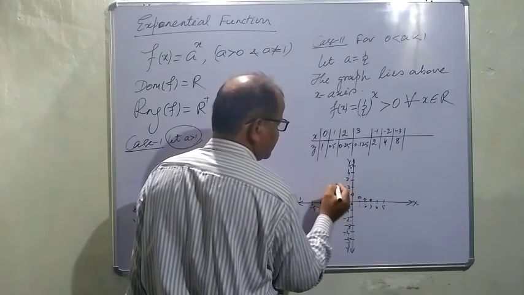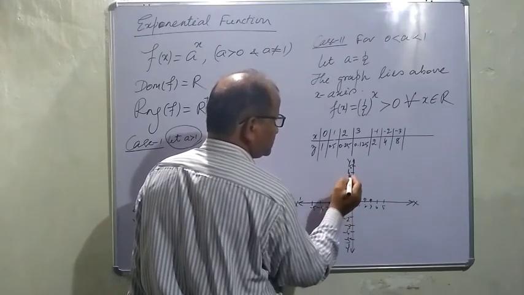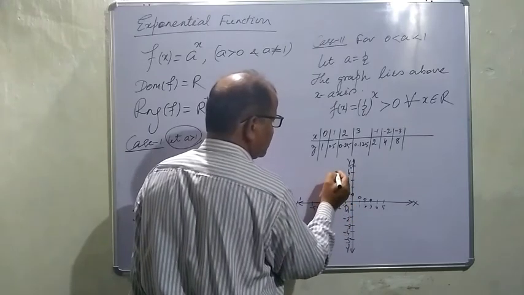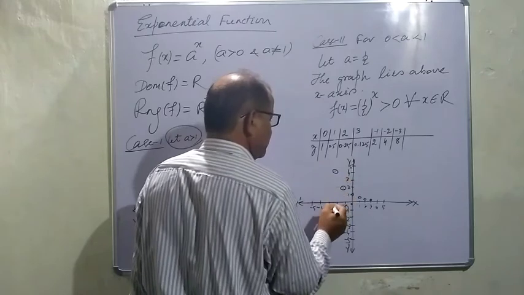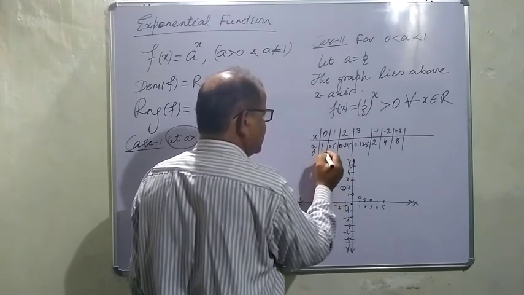It is here, suppose. For minus 2 it is 4. Right. For minus 3 it is 8.